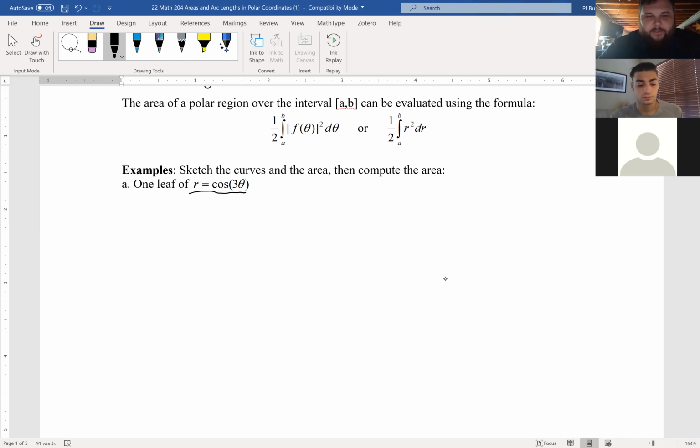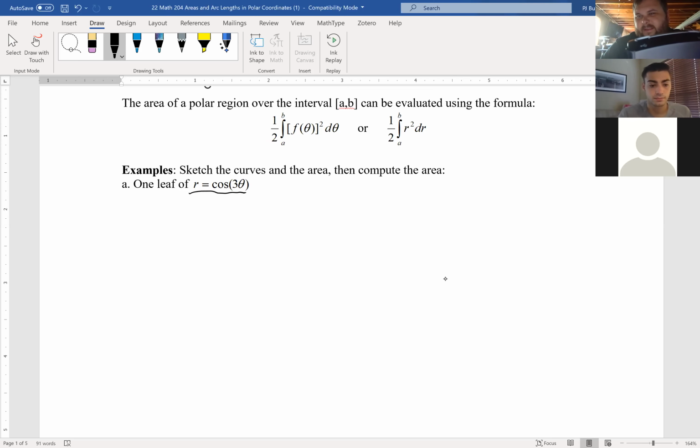So in our calculators, go to mode again. So we're really using all the modes that we can this semester. We've got our function. This time we want to be in polar if you're not already. We want to go to y equals. And we have cosine 3 theta.